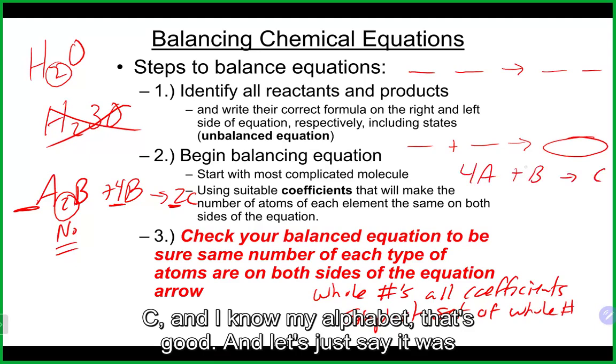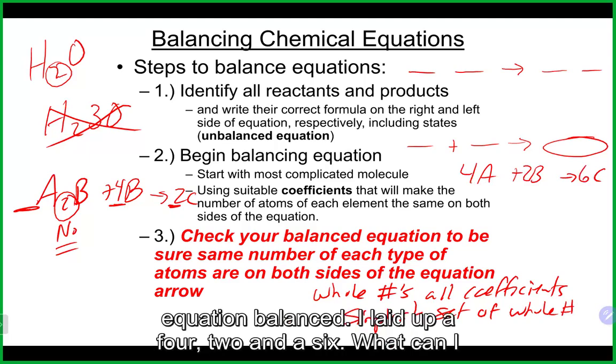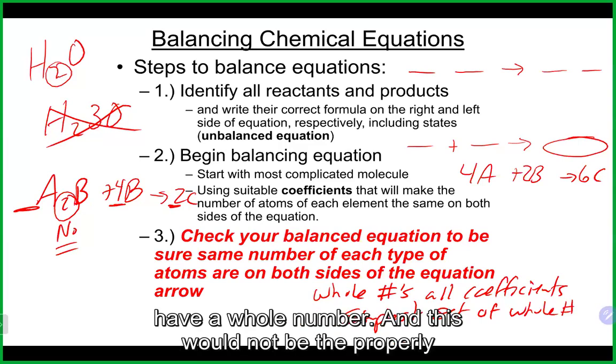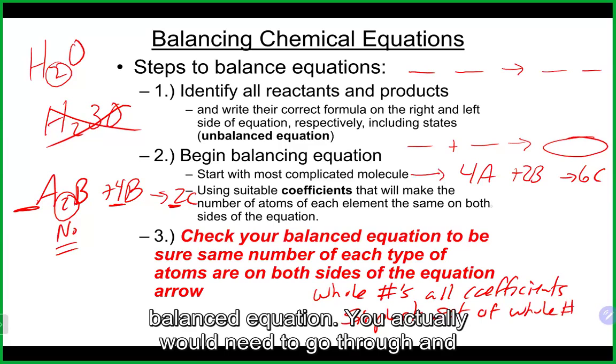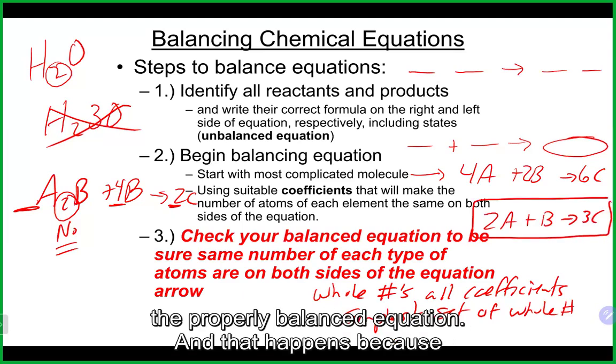And let's just say it was balanced with these numbers here. I have a 4, a 2, and a 6. What can I do with all those numbers? Divide them all by 2 and still have whole numbers. And this would not be the properly balanced equation. You actually would need to go through and divide everybody by 2 and get this equation, which would be the properly balanced equation.